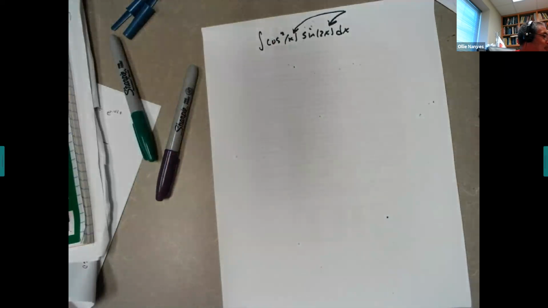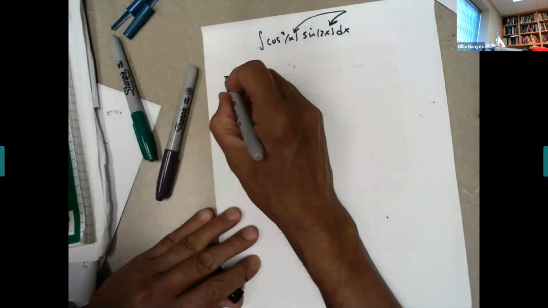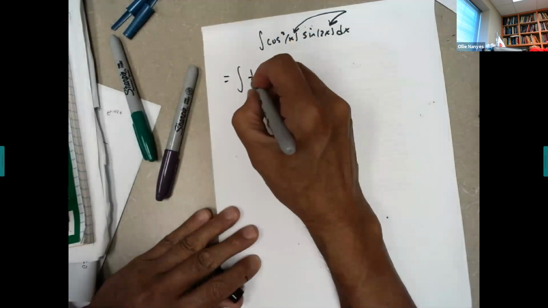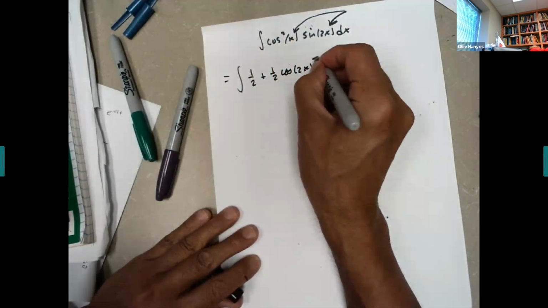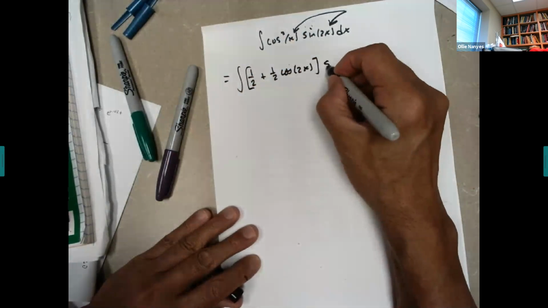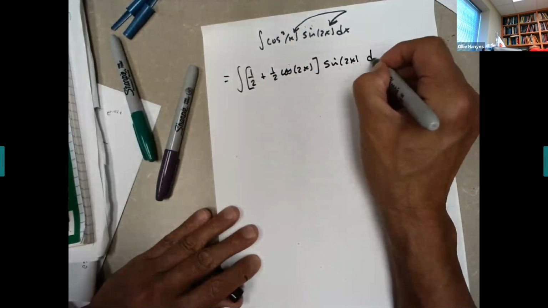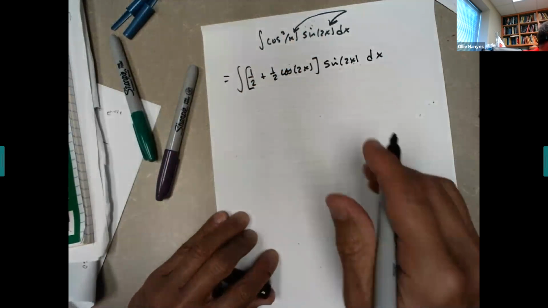And we did have one thing that's going to help us. It's the double angle formula. We replace this by 1/2 plus 1/2 cosine of 2x, times sine of 2x dx. Now that works okay, doesn't it?